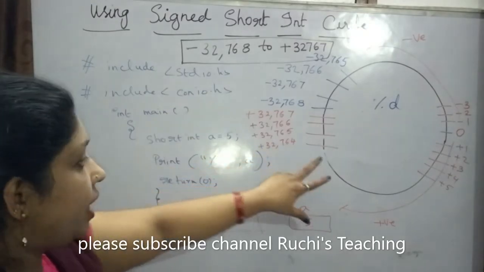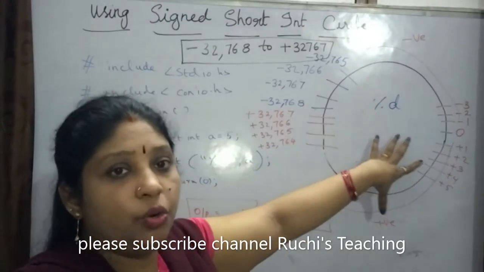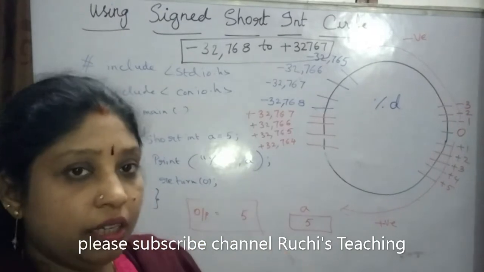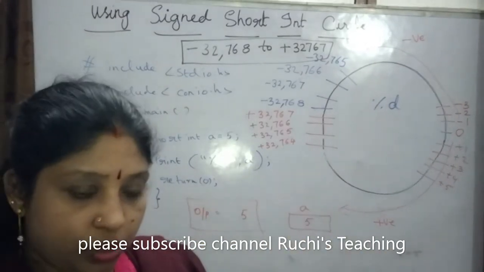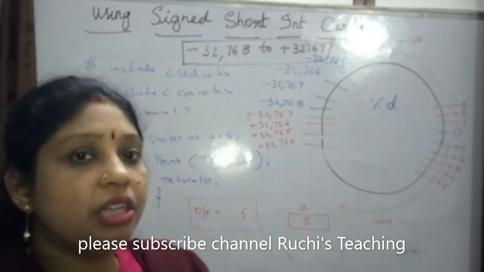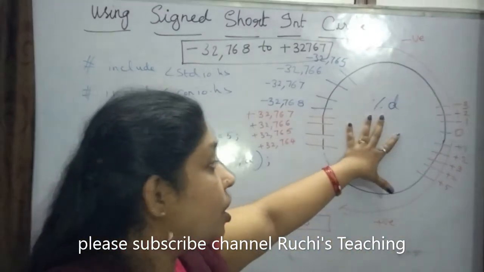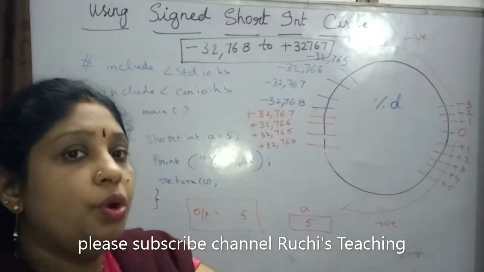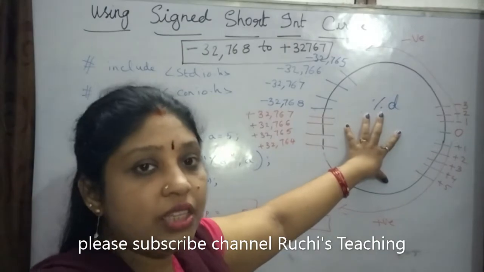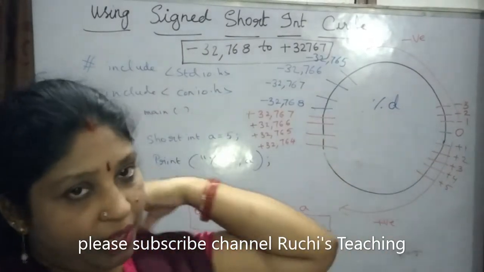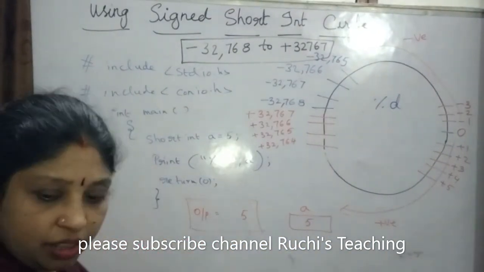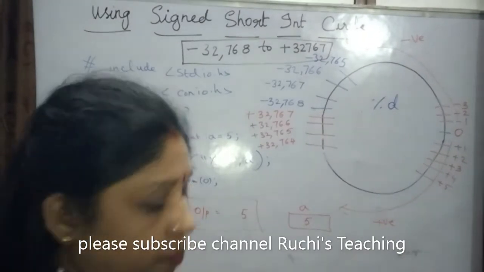If you give a value which is present in this circle only, then only it will give the correct value. Suppose you have given a value which is not there in this circle, then what happens we will see. Here in this program only I am going to explain that.